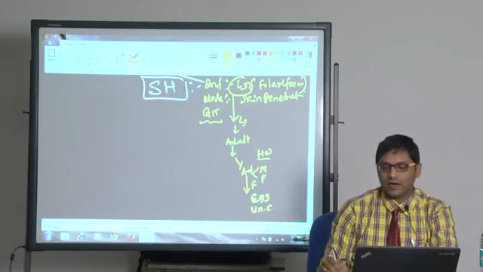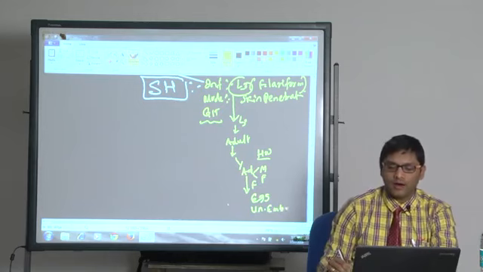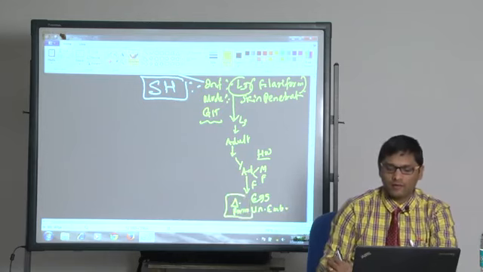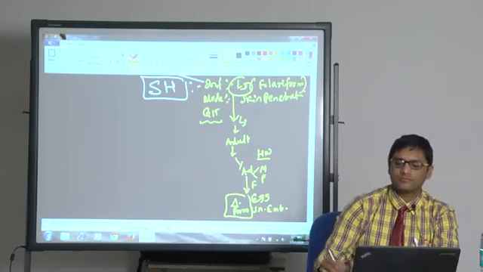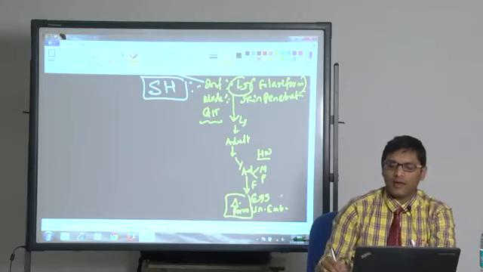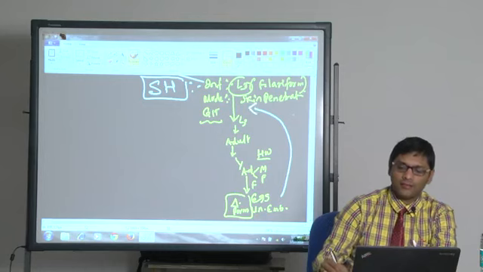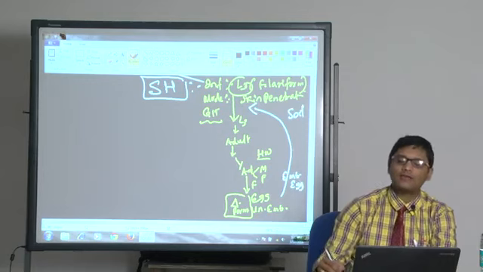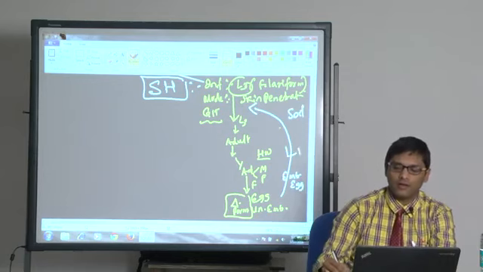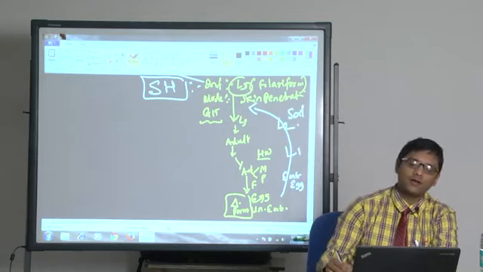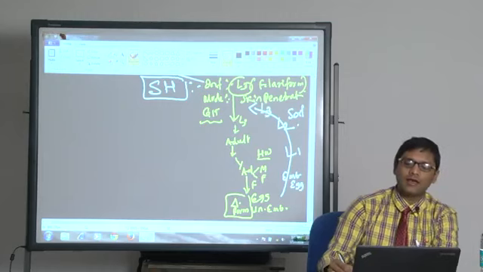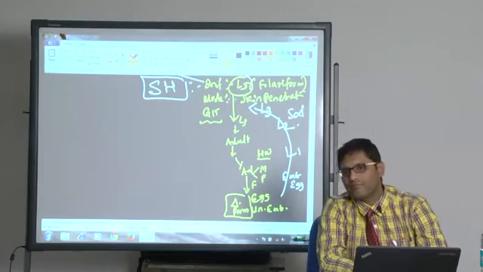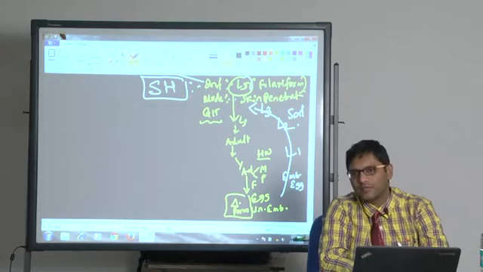Eggs are initially unembryonated, and the unembryonated eggs are the diagnostic form for hookworm. This unembryonated egg in the environment will become an embryonated egg. The embryonated egg will hatch out to form L1, that will become L2, and finally L3, and L3 is what? The infective form.